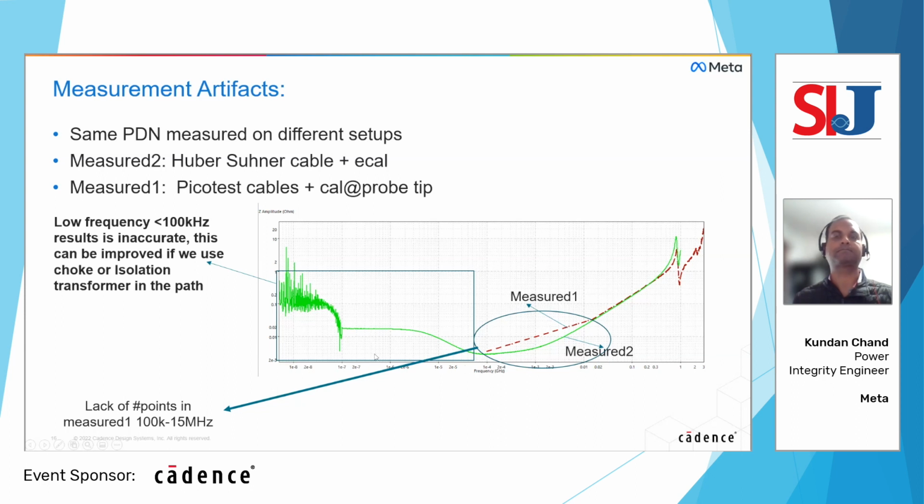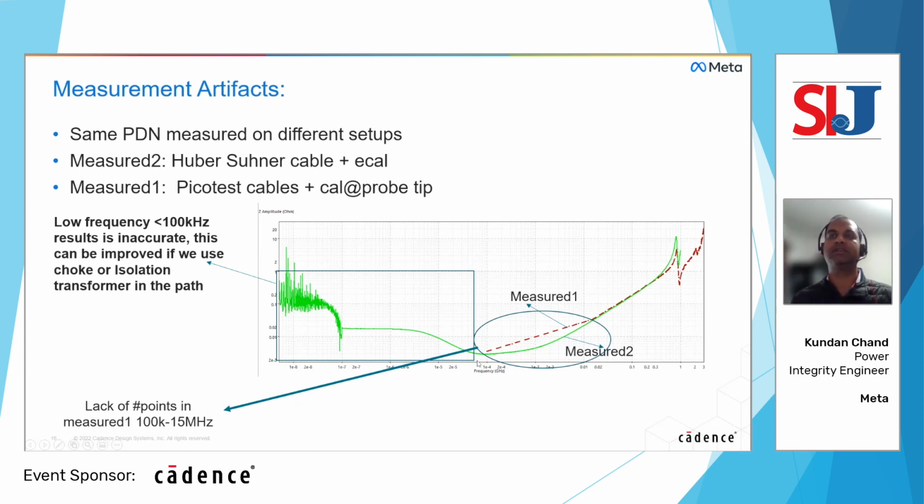One more thing to note in this figure is, if you look at the lower frequencies, we were not particularly interested for these measurement purposes below like 100 kilohertz or so.